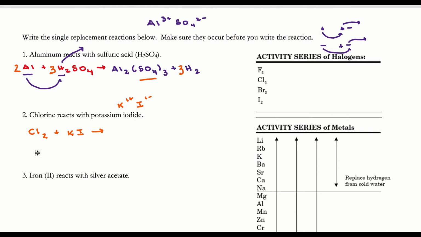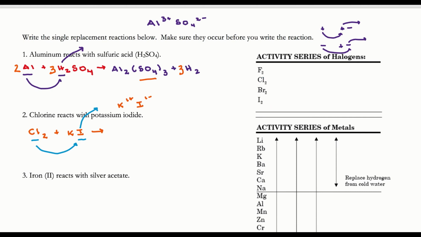Now remember, chlorine has a negative charge when it forms an ion. Iodine has a negative charge, so chlorine is going to go in and try and kick out iodine, because positive kicks out positive, negative kicks out negative. Well, chlorine is higher on the activity series than iodine, so that reaction will take place.